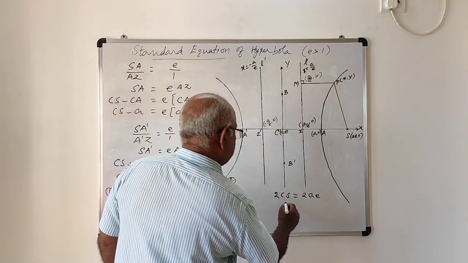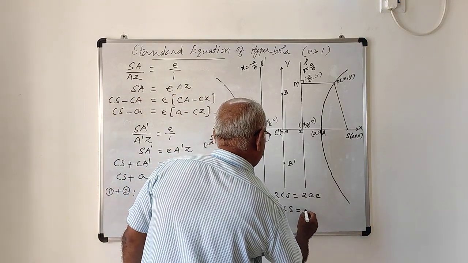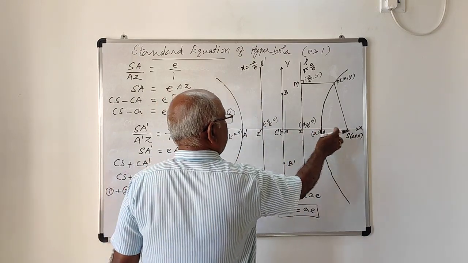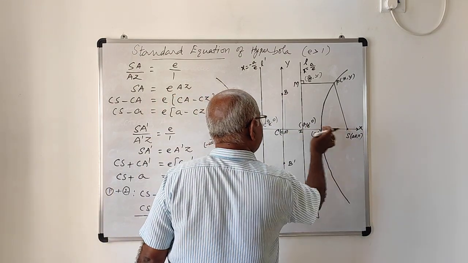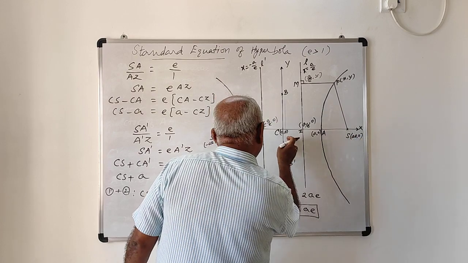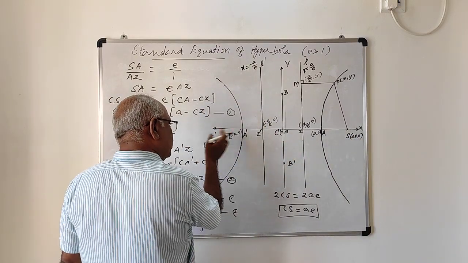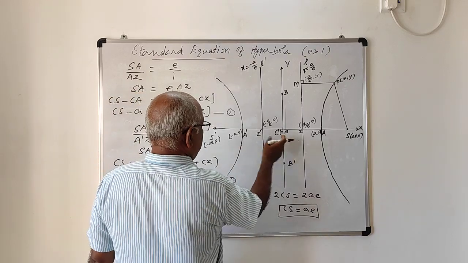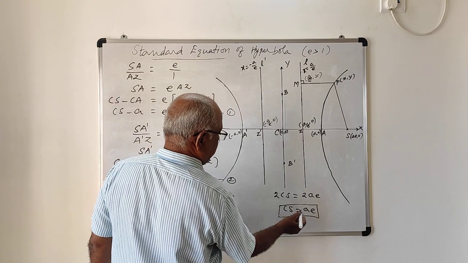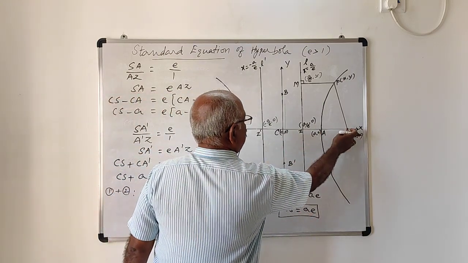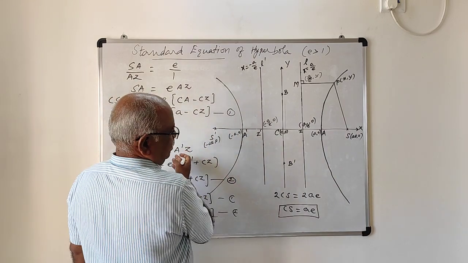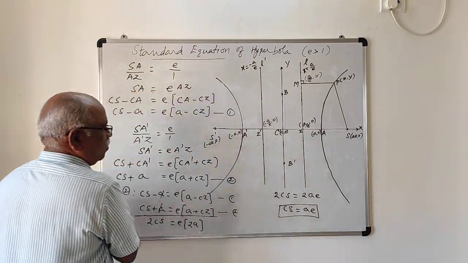Cancelling 2 on both sides, CS equals ae. Therefore S is (ae, 0) and S dash is (minus ae, 0), in the negative direction.